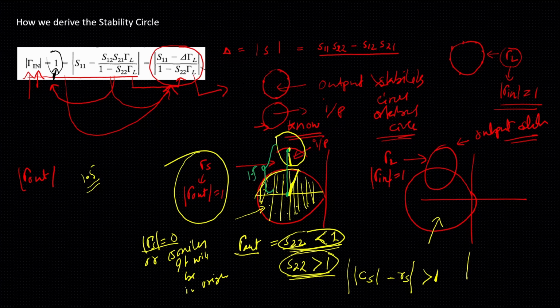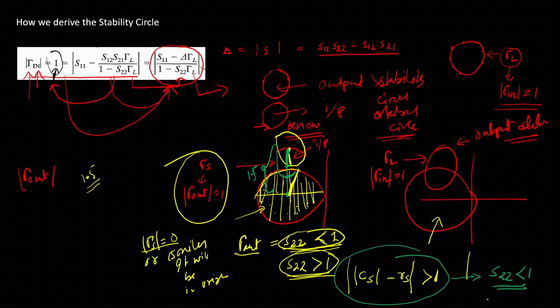This minus your radius part should be more than 1. Why? Because I don't want to come inside my Smith chart. So this is the condition when my S22 is less than 1.